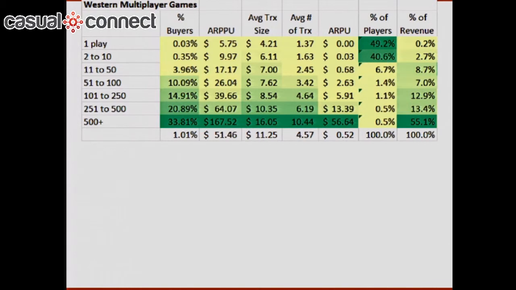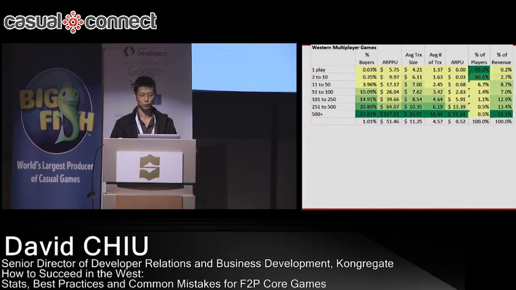So to put it into numbers, on the top we have a chart showing different purchasing behavior in Western multiplayer games based on how many times they play the game, going from 1 time, 2 to 10 times, all the way up to 500 times or more.